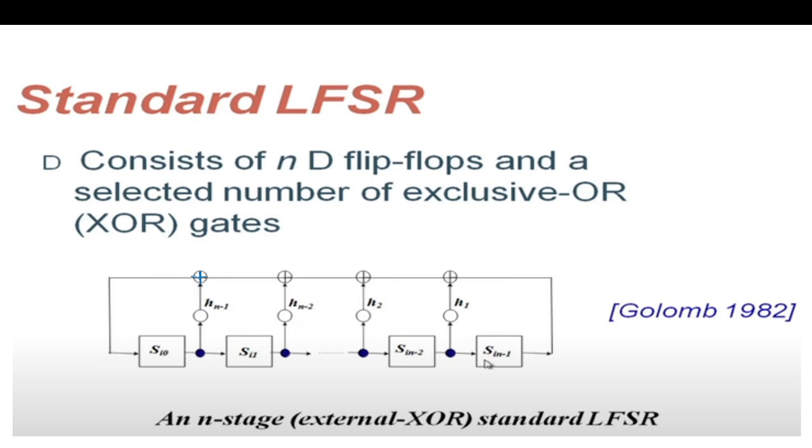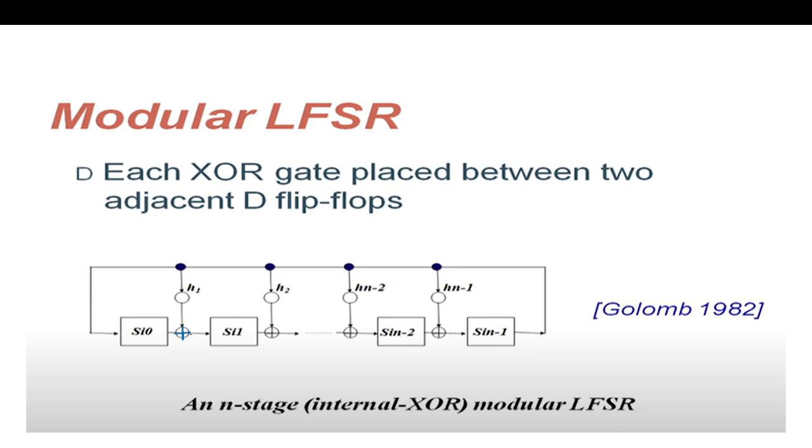They consist of n D flip-flops and a selected number of exclusive OR gates. Based on this h value, if h is not present, this XOR is not needed. Each XOR gate is placed between adjacent D flip-flops, and this is easy for extension. If we want one more stage, we just add one more and connect it. So extension is easy here.